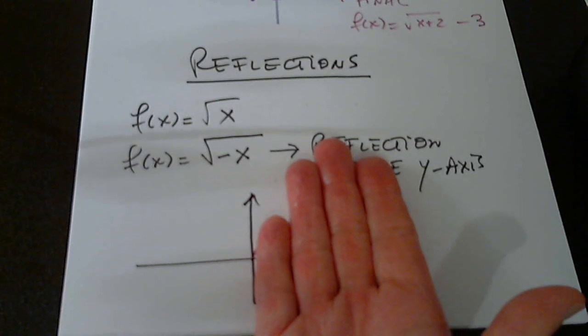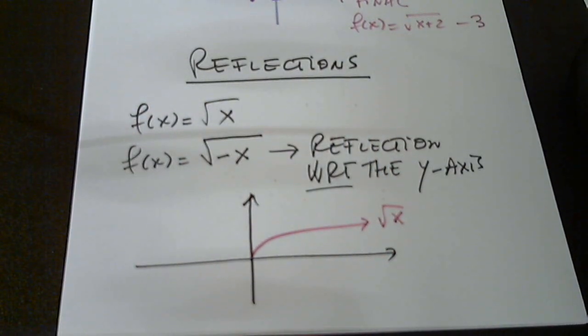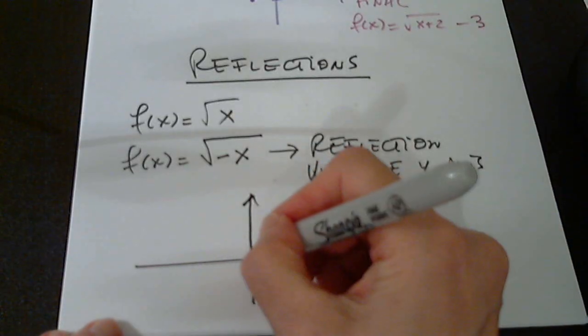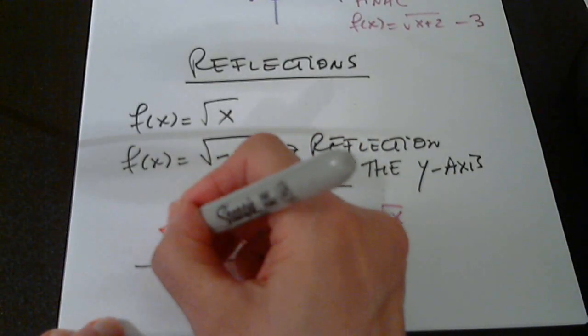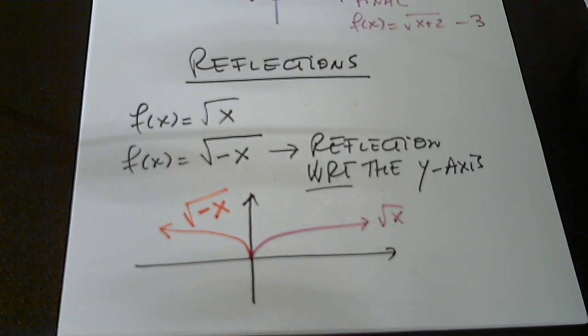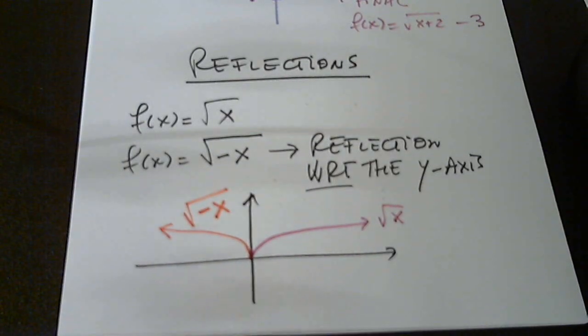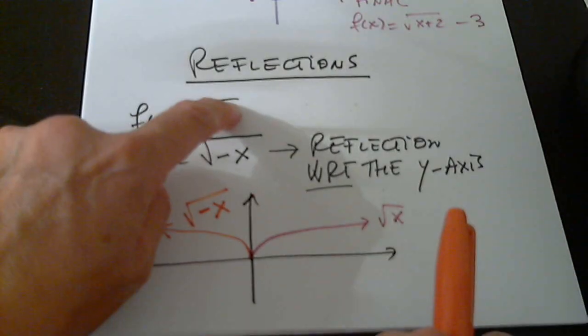But this is x, and this is negative x. So here's the graph of the square root of negative x. So that's the reason why this was a reflection with respect to the y-axis. Remember, we change x.